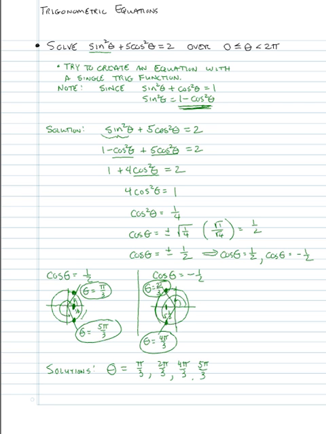So we actually have 4 solutions here. And what did we do? We used an identity to convert to a single trig function.